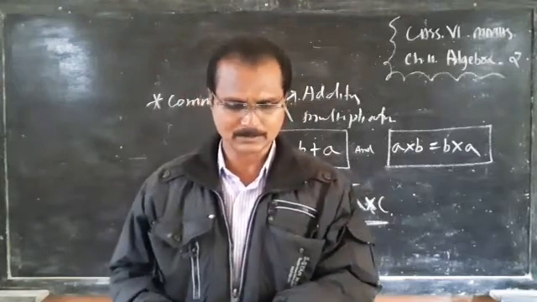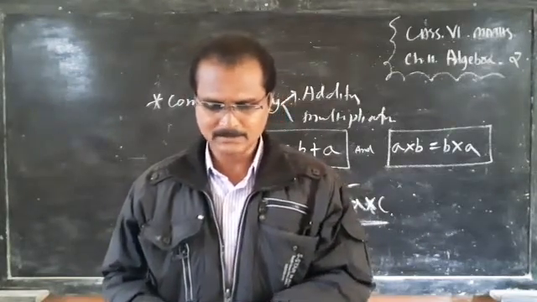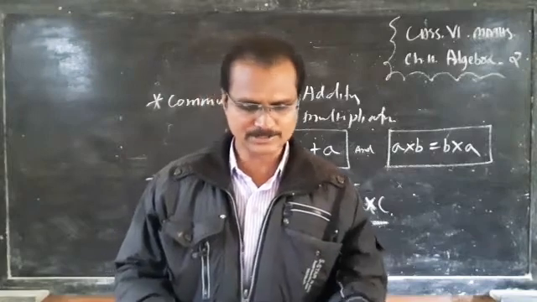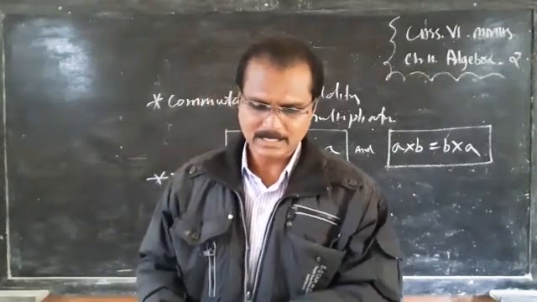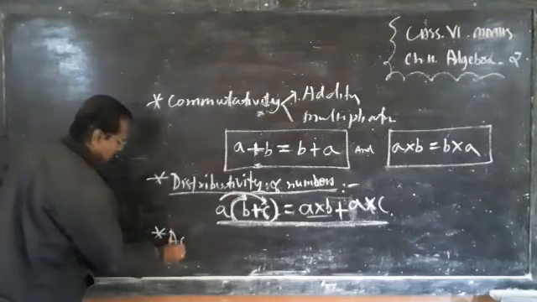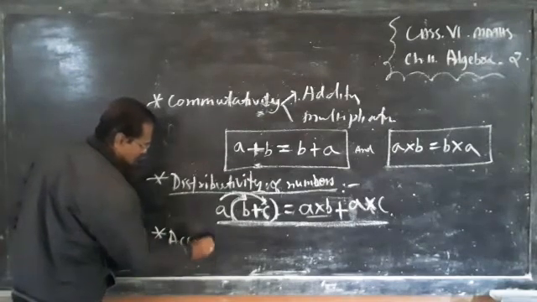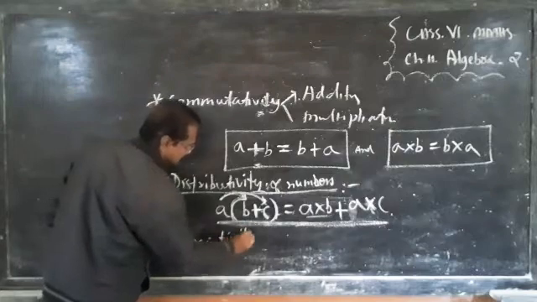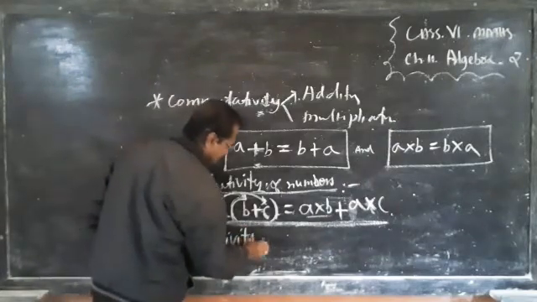This is what we call the distributive property. Then the third one is the associative property. What is that? Associative property. What is this associativity of numbers?